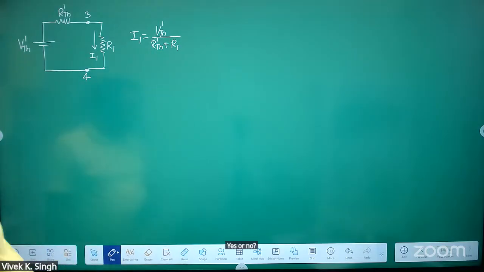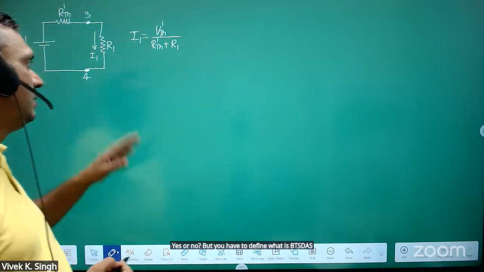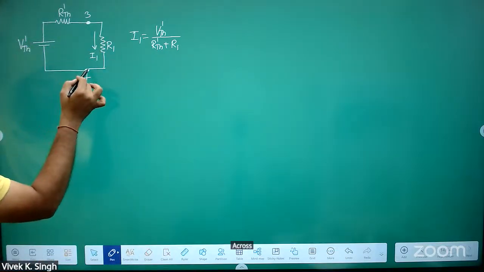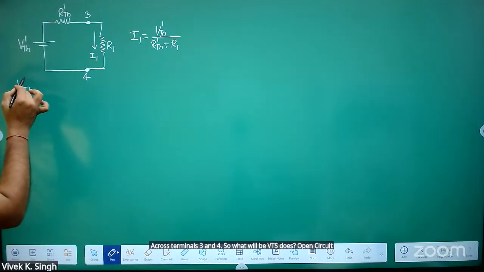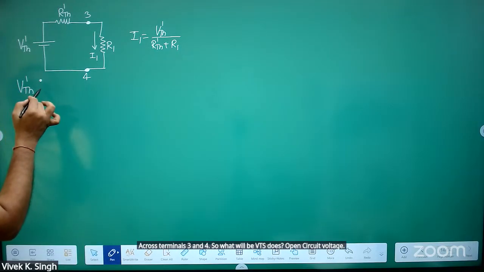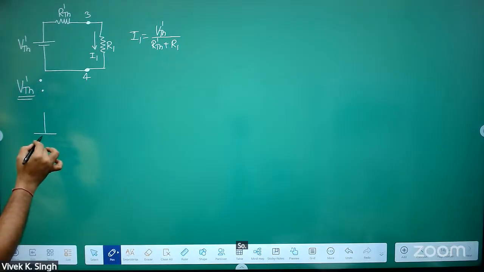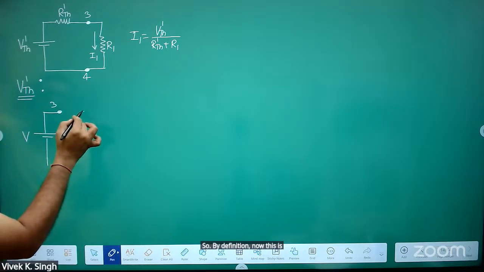Yes, sir. But you have to define what is VTH dash and RTH dash. This is the Thevenin's equivalent across terminals 3 and 4. So what will be VTH dash? Open circuit voltage. So by definition, now this is 3 and this is 4.